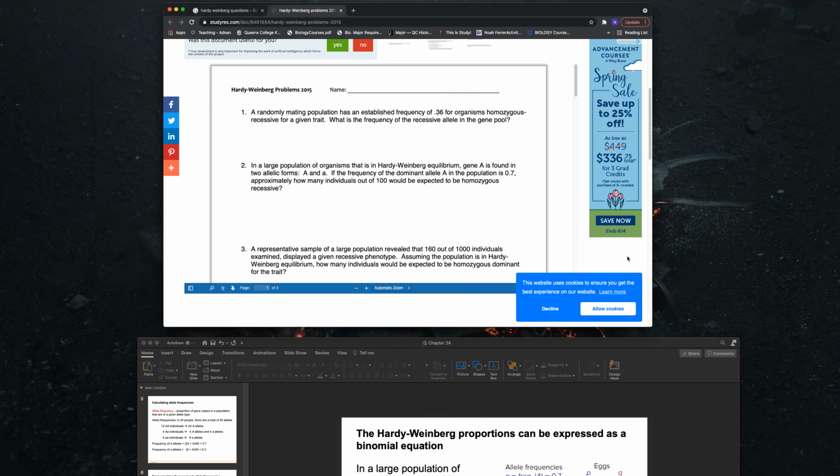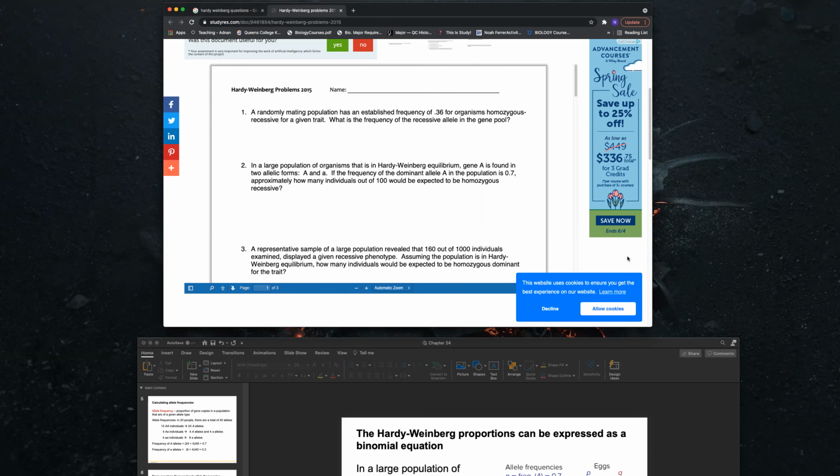Square root it? Yep. And that's all you do. So the square root of 0.36 is 0.6. Yep. So the frequency is that.